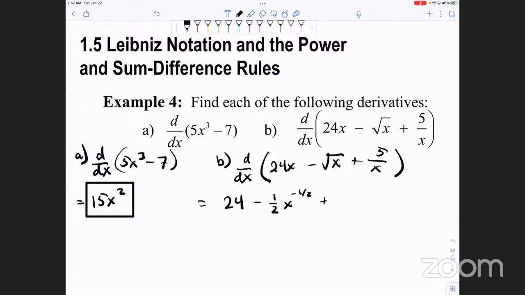Now 5 over x is the same as 5 times x to the negative 1. The negative 1 comes down, and the exponent becomes negative 2 because negative 1 minus 1 is negative 2. Let's rewrite these without the negative exponents and rational exponents. Ultimately we get 24 plus 1 over 2 times the square root of x, and we're subtracting that.